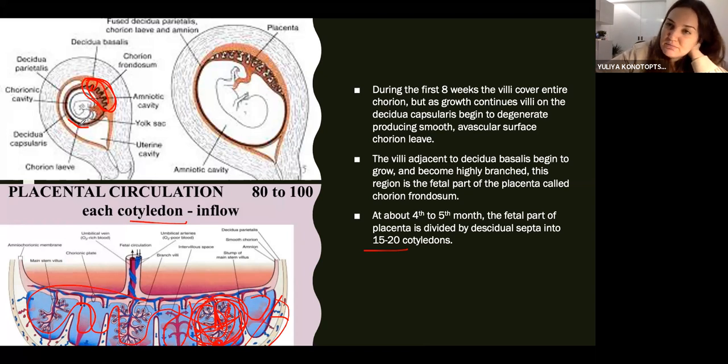Why? Because there's no maternal blood. It's capsularis, just a capsule. It doesn't have many blood vessels, so all of the blood vessels are in the basalis. Even if I had villi in the chorion laeve, they would definitely degenerate. That's why it's smooth. Do you see? It's very smooth.